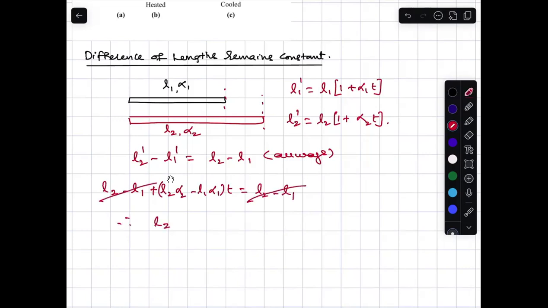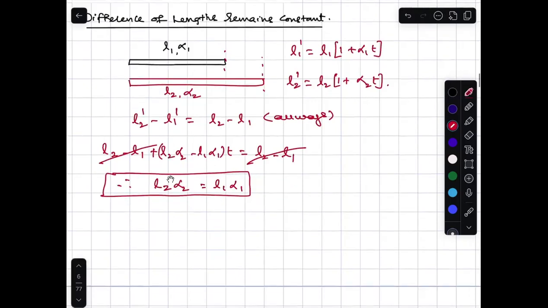Therefore, L2 alpha 2 equals L1 alpha 1. If this condition is satisfied, the difference of the lengths remains constant all the time. Okay. Next.